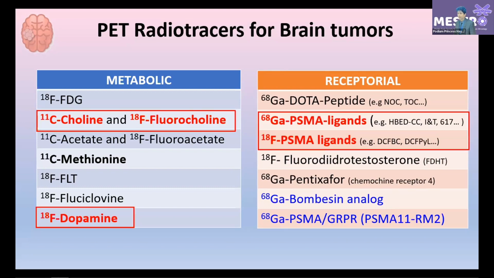For example, glycoproteins like PSMA are present, and DOTA-peptides, somatostatin receptors, are present in neuroendocrine tumors, and somatostatin receptors are also present in meningiomas. So you can look at different aspects of the tumor, divided into two parts: metabolic and receptor imaging.